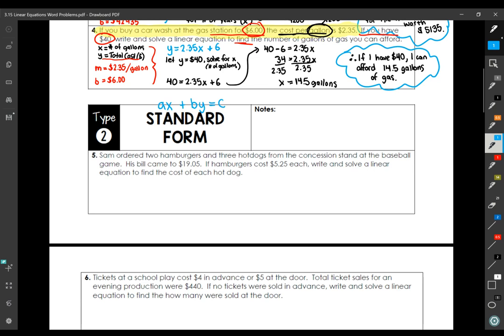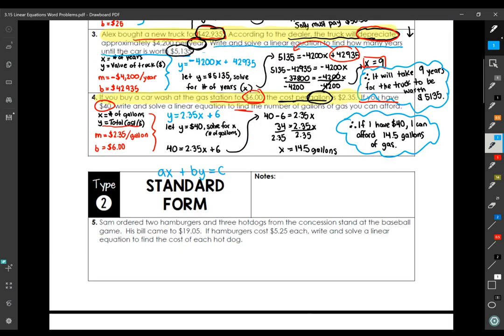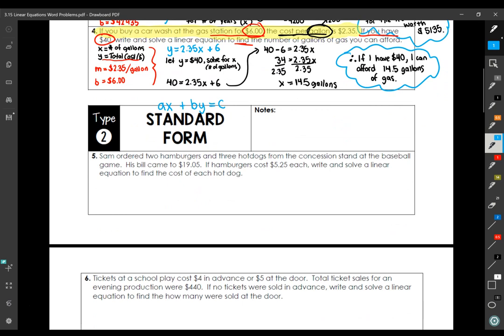Okay, so when will you use the standard form to solve an equation? Obviously, if you're given rate of change and you're given initial value, it makes sense to use slope intercept. But if you're not given those two things, you have to come up with a different way. So we're going to use the standard form of the equation when we come across a problem that relates two different objects.